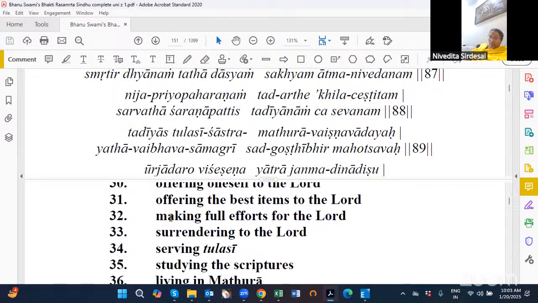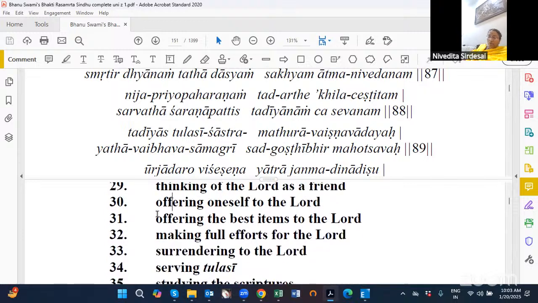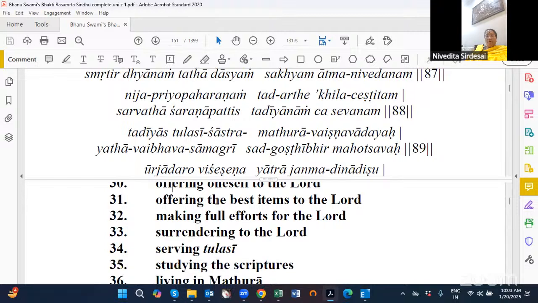30, offering the best items to the Lord. Nija priyopaharanam: whatever you like, you give it to the Lord. And then making full efforts for the Lord. Tadarthe akhila cheshtitam. That means whatever activity you are doing, that should be for the Lord.